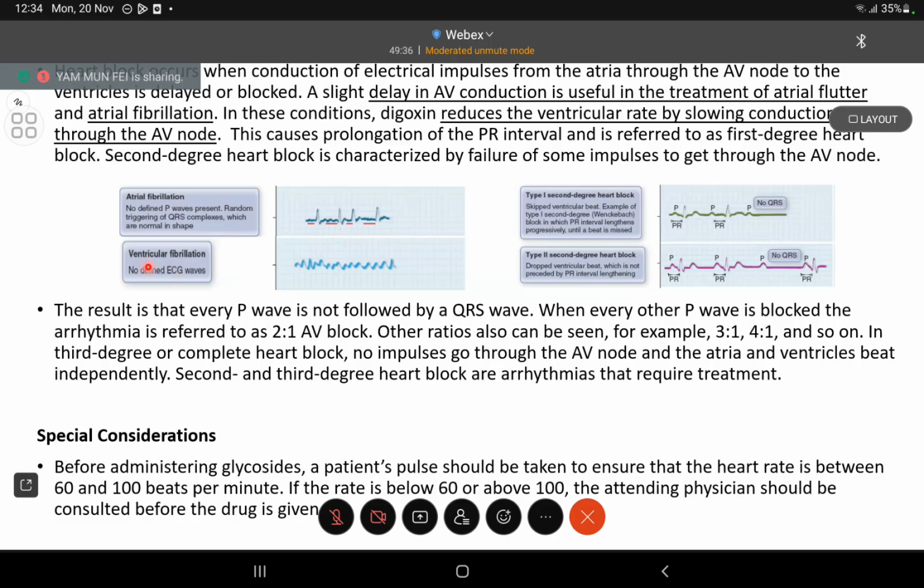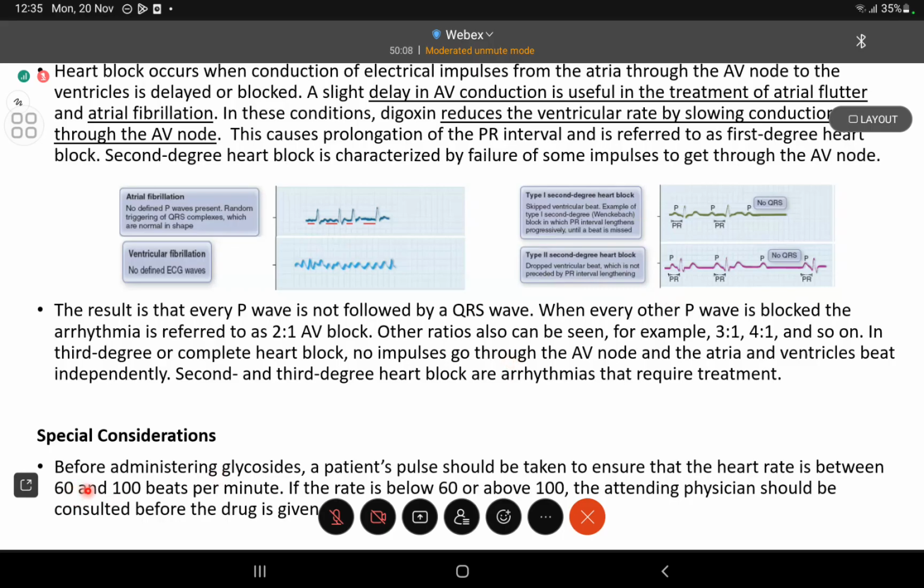And then ventricular fibrillation is even worse. Your ventricle is pumping irregularly, so looking at this ECG, you might not see a pattern. What digoxin may do is help in first and second degree heart block. It may restore the condition to normal.